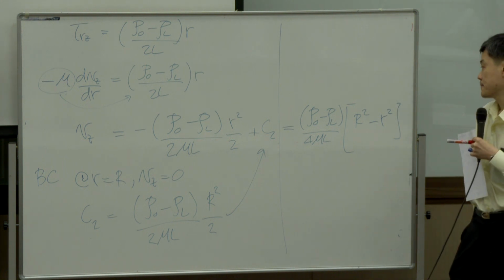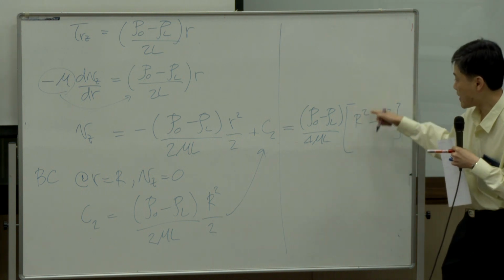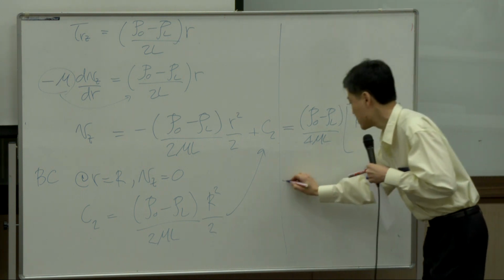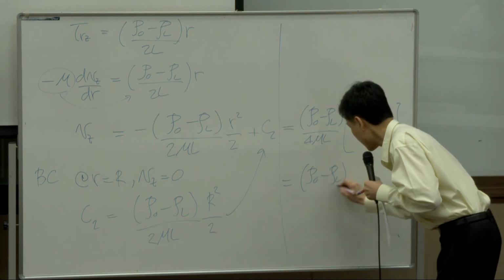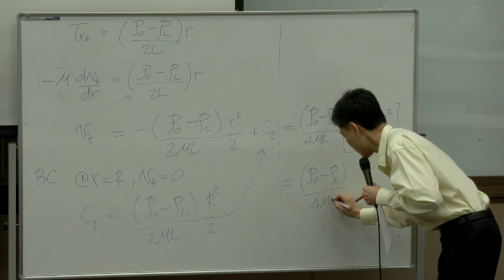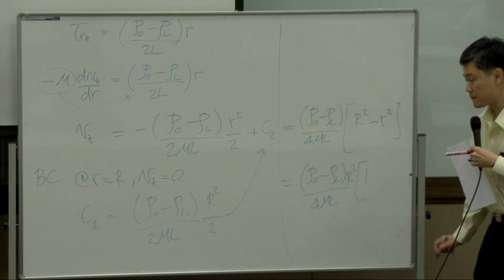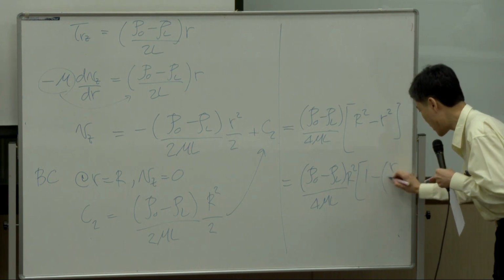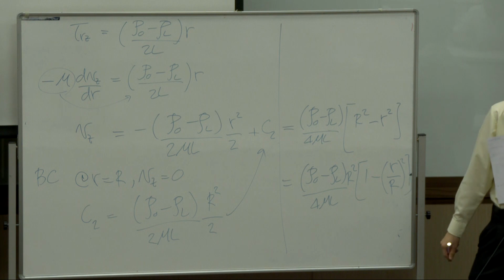To make it a little bit more clear, I am going to bring this capital R squared out. Inside, there's 1 left, subtracted by small r over capital R squared. That's your velocity profile.